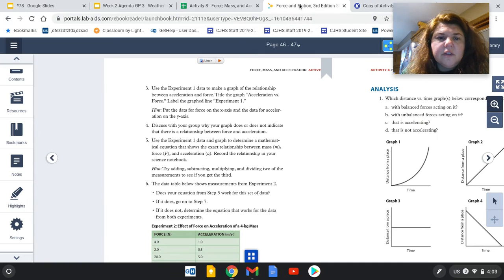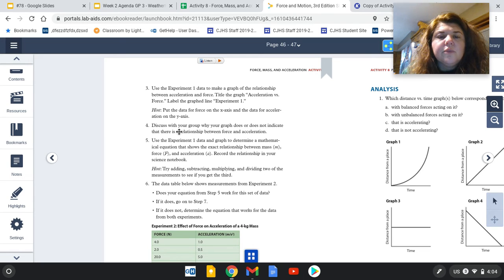So on the next part, it says, discuss with your group why your graph does or does not indicate that there is a relationship between force and acceleration.